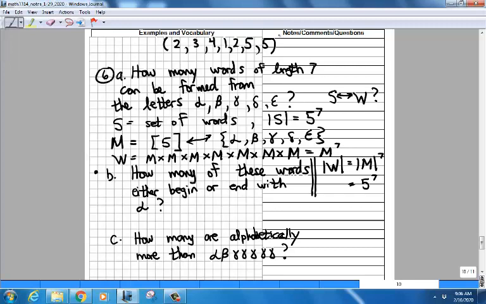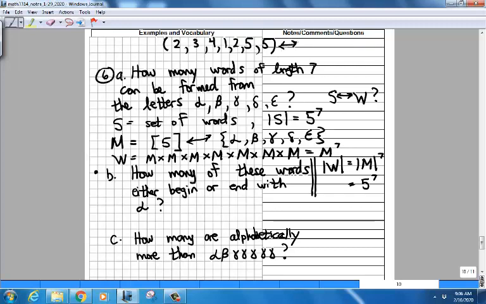But what word does that correspond to? No, this is an element of M, Eduardo, so it corresponds to a word in S. Not a set of words, but just a single word in S. So what word in S does this match up with?